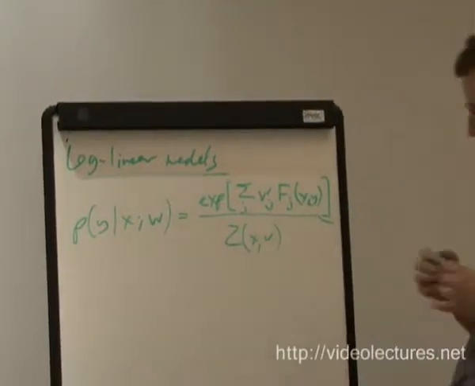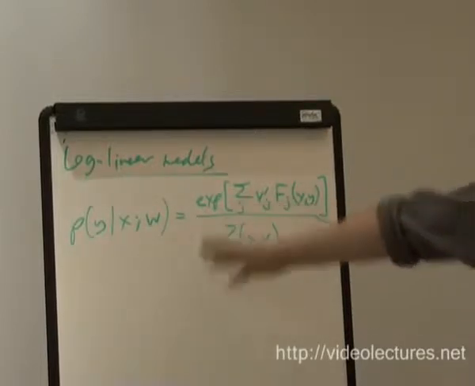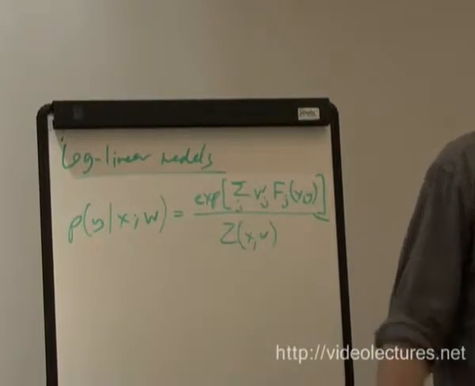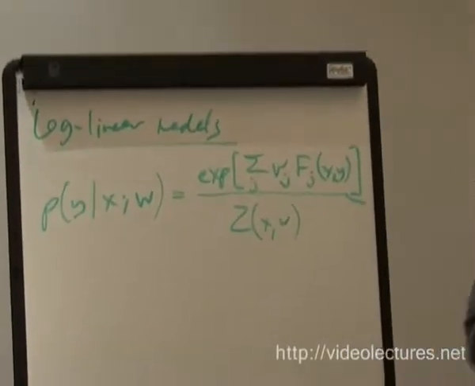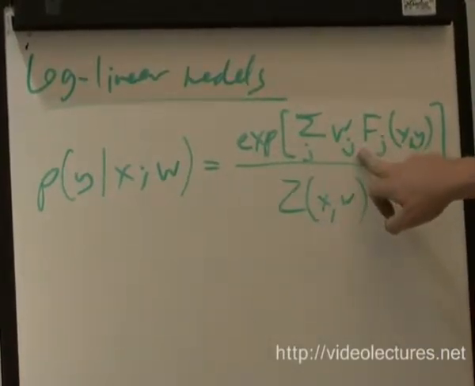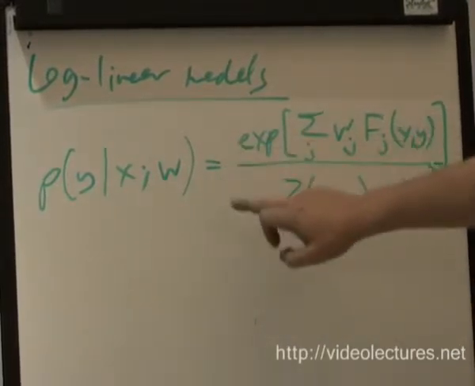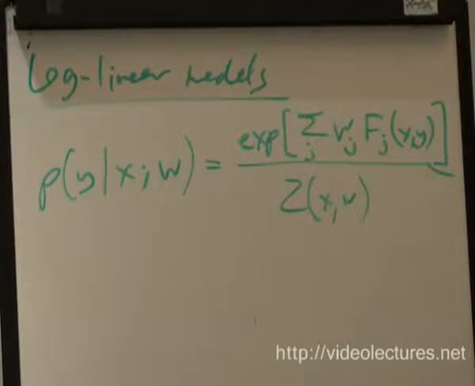Okay. I'm putting up this expression now so as to show you immediately how this looks a lot like logistic regression. This is an exponential of a linear function, and the probability is essentially the exponential of a linear function. So it looks a lot like logistic regression, and logistic regression is going to turn out to be a special case of this. But you should have a lot of questions, like, what is this denominator z?